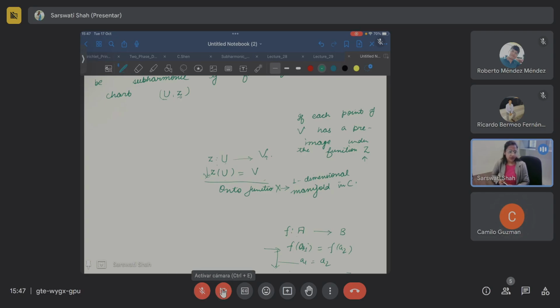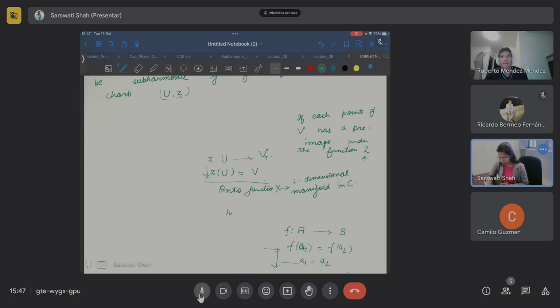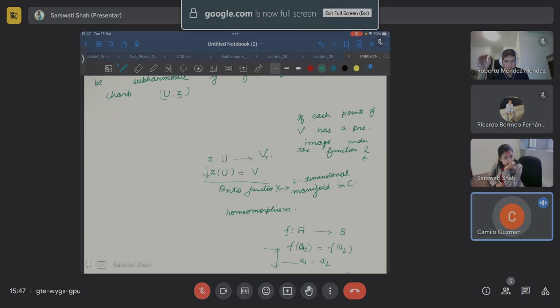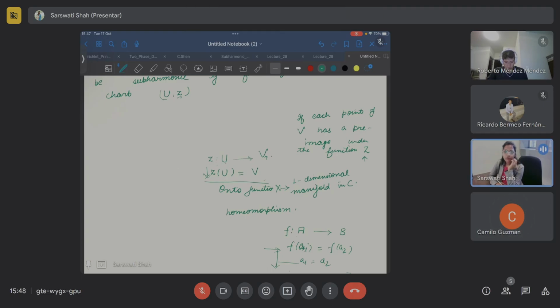Do you guys have an idea about the basic definitions of one-one function, onto function, homeomorphism? What is a homeomorphism? It's a continuous function with continuous inverse, I think. Yeah, so when you are defining an inverse, for that the function has to be onto and one-one. In that case, the inverse will exist, isn't it?